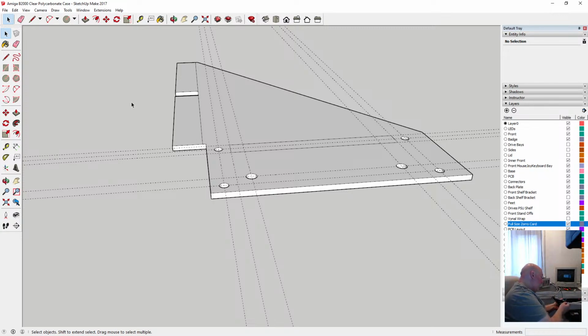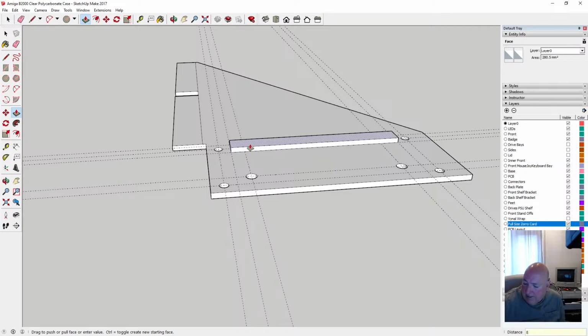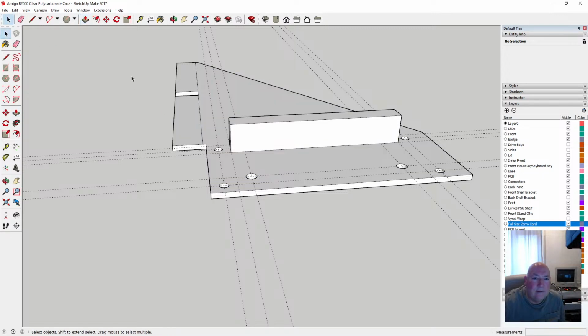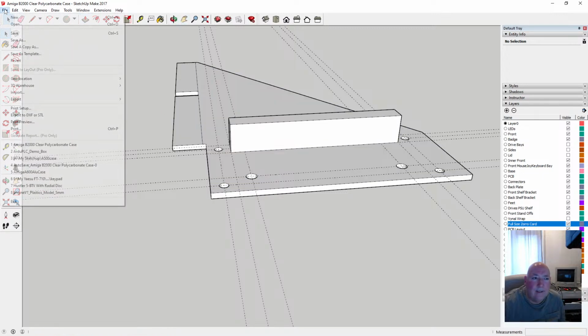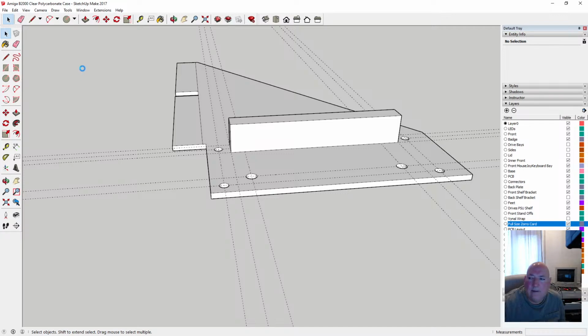It's 8.5. 8.5 off the floor. And the standoffs are 11mm.